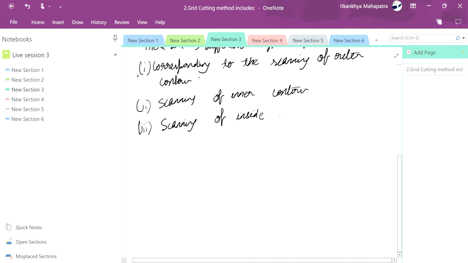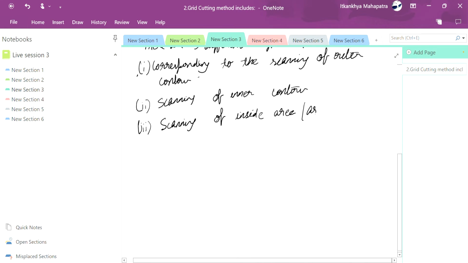This inside area scanning is also known as area filling.